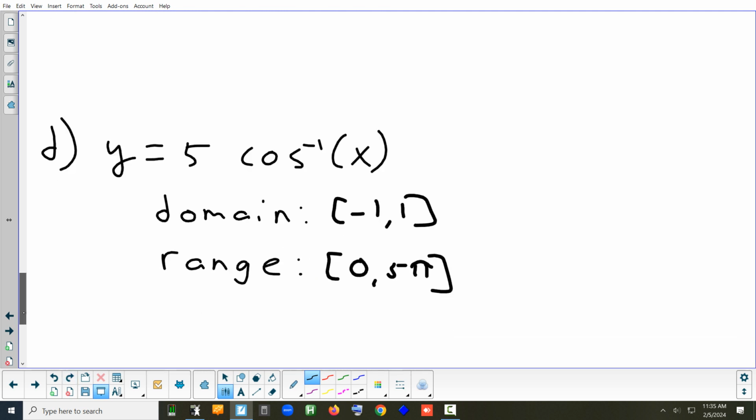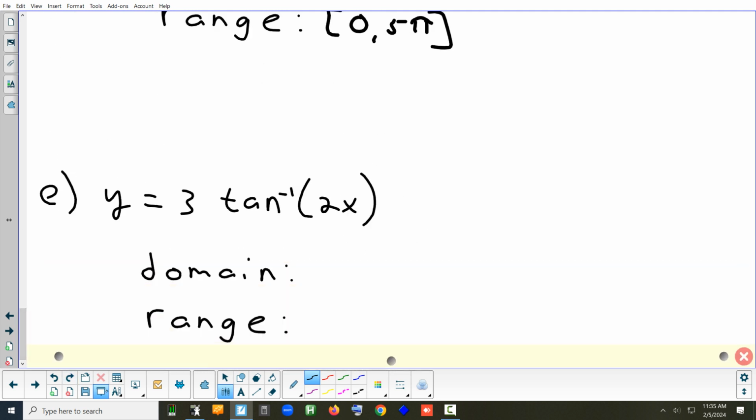All right, let's try this one. 3 inverse tangent 2x. What's the domain? Normally the inverse tangent is negative infinity to infinity, and you can't have negative 2 infinity.